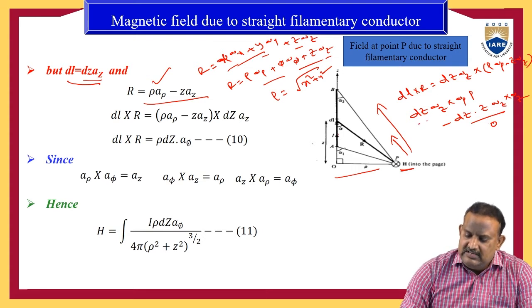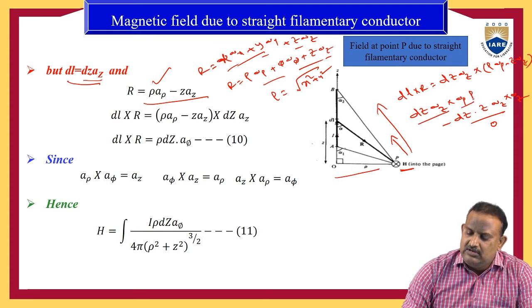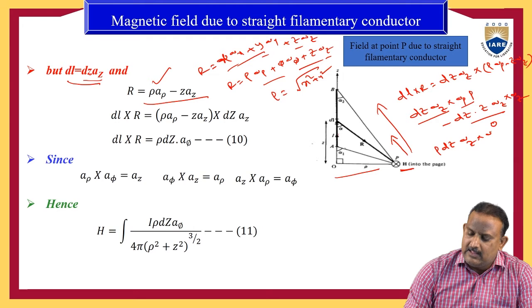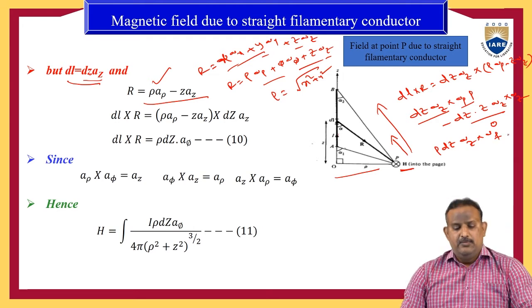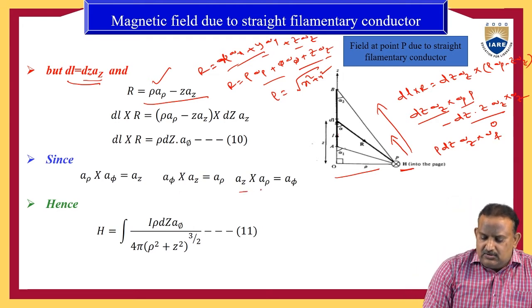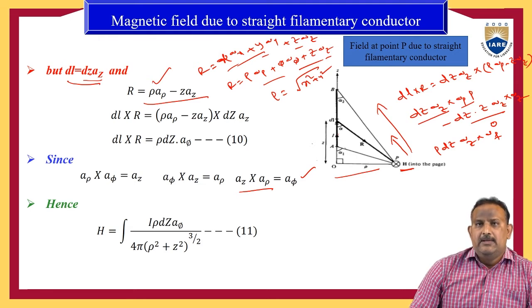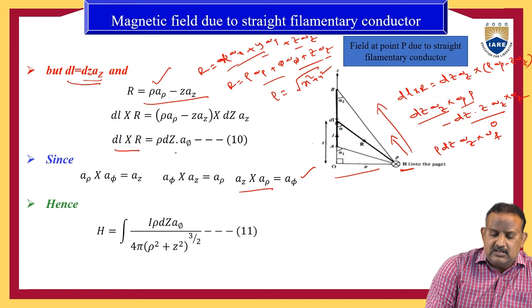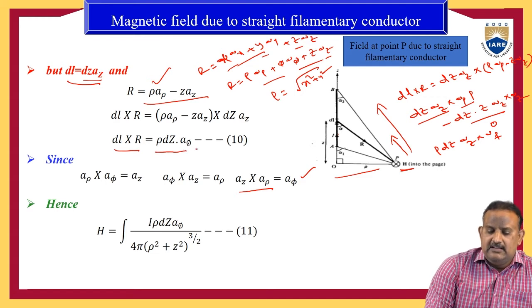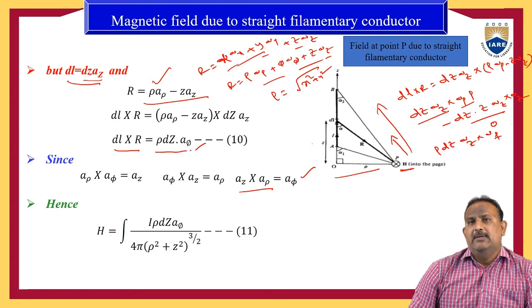Therefore, we have dz into a_z cross a_rho into rho, or we can write it as rho into dz into a_z cross a_rho. But we know that a_z cross a_rho is equal to a_phi. Therefore, in place of dl cross R, I am writing rho dz a_phi.